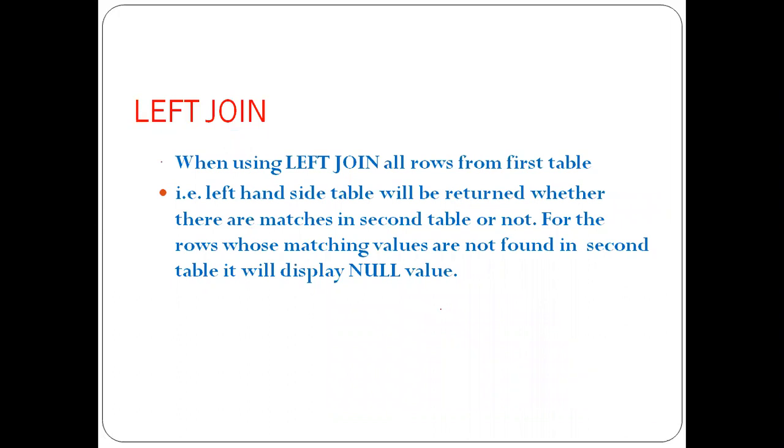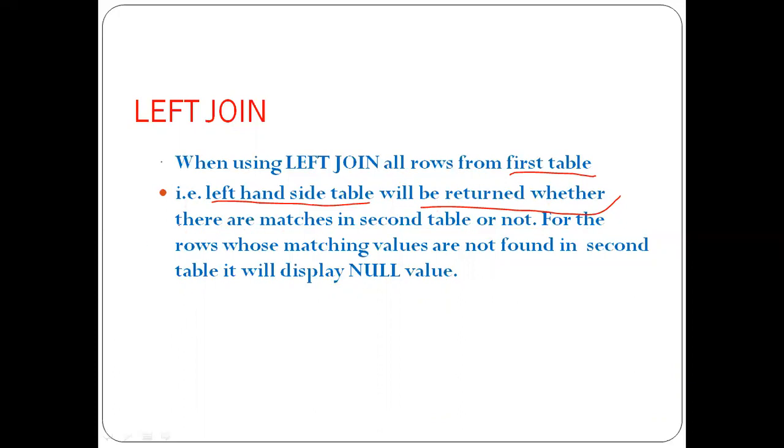Here, left join. When using a left join, all the rows from the first table, that is, the left-hand side table, will be returned whether there is a match or not.